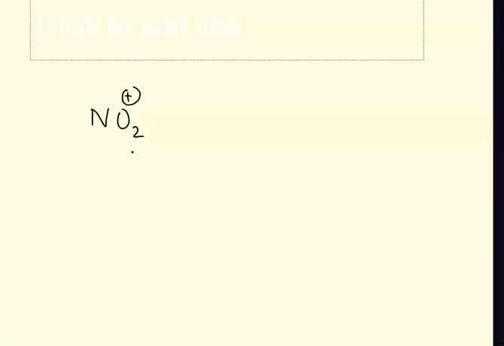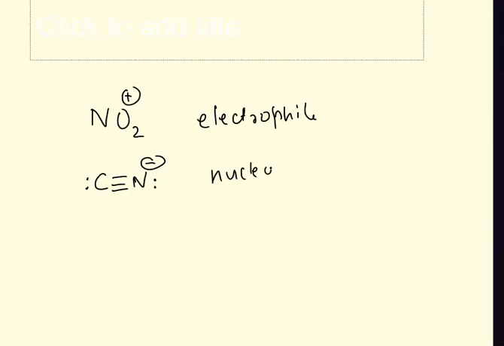Since there is a positive charge, this is likely to behave as an electrophile because it's electron poor. On the other hand, take cyanide, CN minus, where the nitrogen has a pair of electrons and its valency is fulfilled, but carbon is the one that carries the negative charge, and this will behave as a nucleophile.